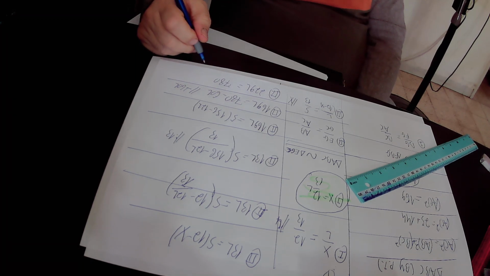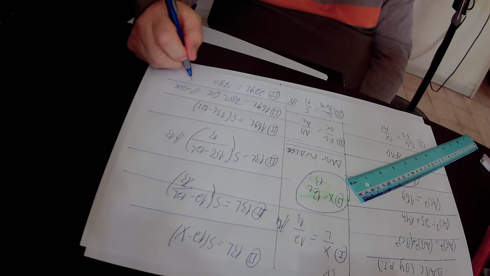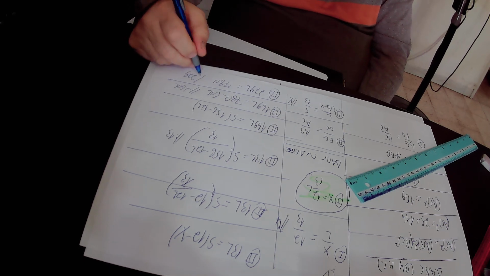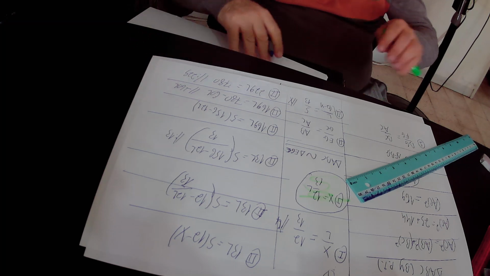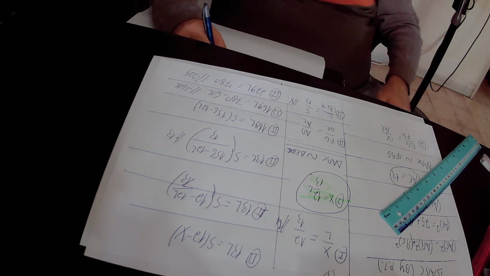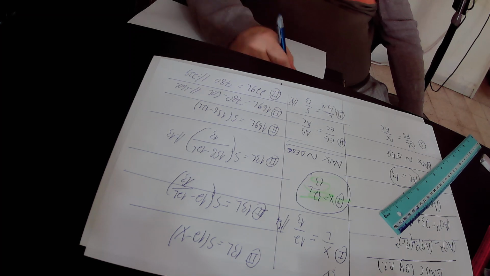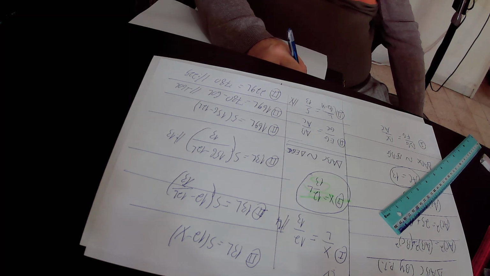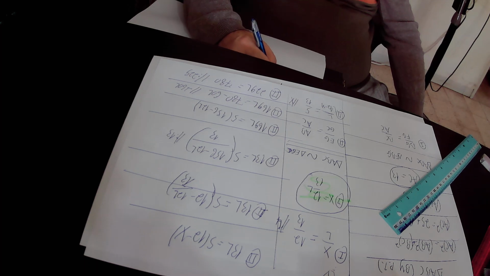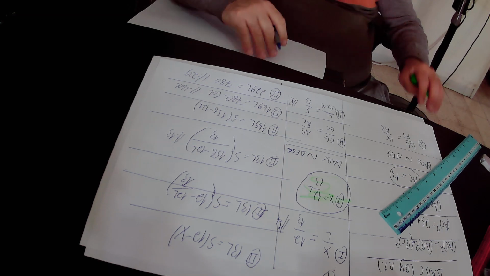Here we divide this equation 2 by 229, and finally we get that L equals 780 over 229. Repeat again.